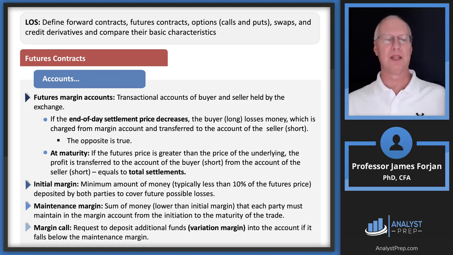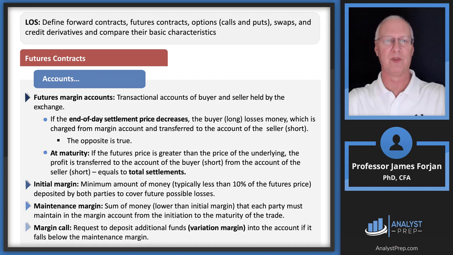And what happens? Then at the end of the first day, if the price changes by $5, well, then the clearinghouse just takes $5 from one party and hands it over to the other, which means at the end of that first day one party has $95 and one party has $105. All right, so that's the initial margin. Well, there's also something called a maintenance margin, and maybe the maintenance margin in my example might be $80.